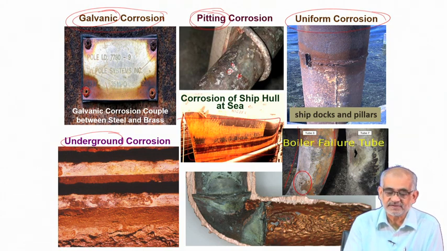So we expect that, be it a big pillar standing at the deck near the sea coast, or any other static member, it essentially experiences about the same level of stress.